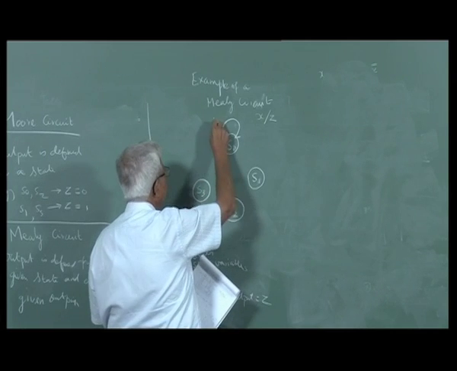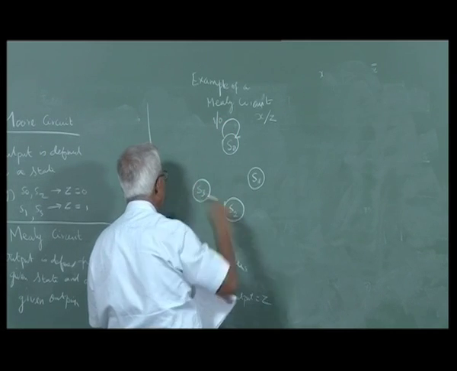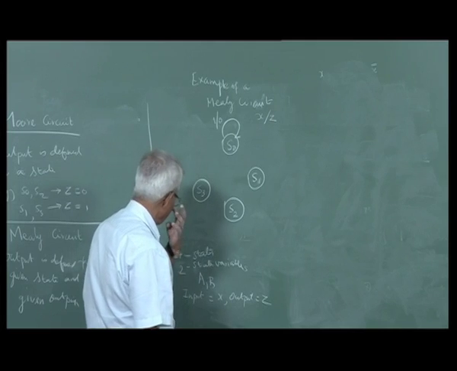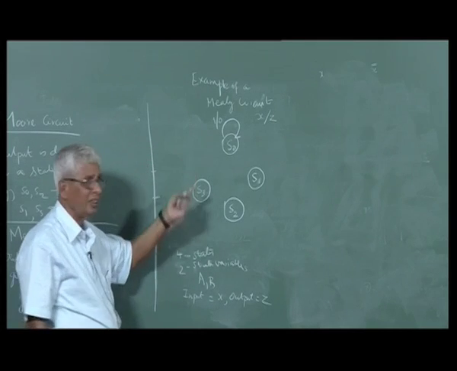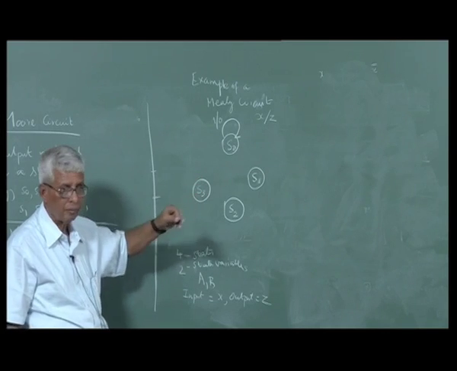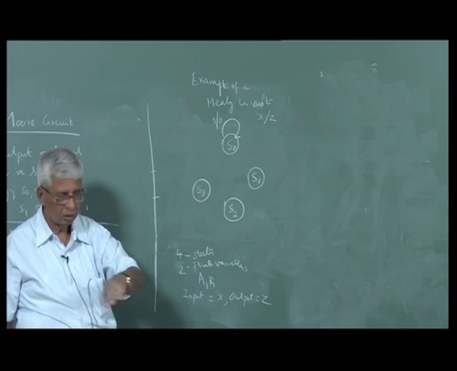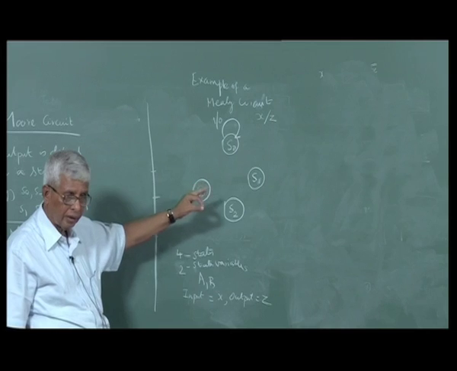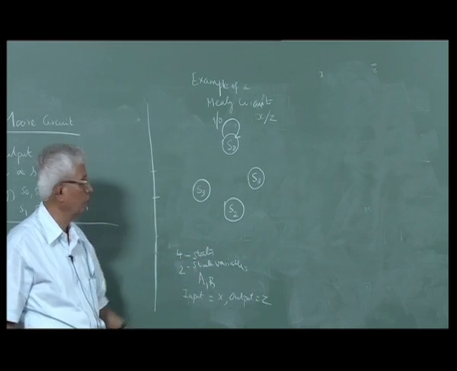So, if you have 1, 0, if the circuit is in S0 and the input is 1, the output is 0. That is what it means. The arrow means: when the circuit is in S0, if the input is 1, output is 0.